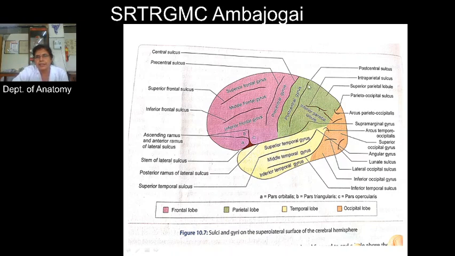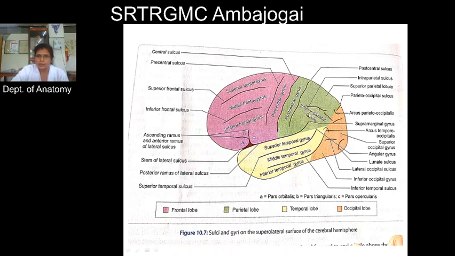Then behind this post-central sulcus, this parietal lobe is divided into superior parietal lobule and the inferior parietal lobule by this intraparietal sulcus. So this is the intraparietal sulcus, and it divides this part of parietal lobe into the superior parietal lobule and inferior parietal lobule.